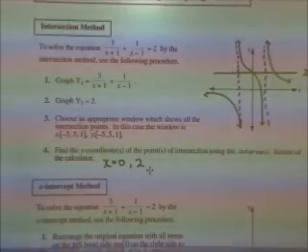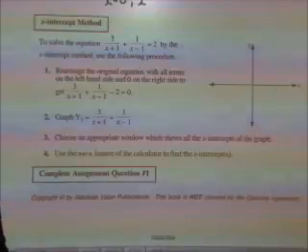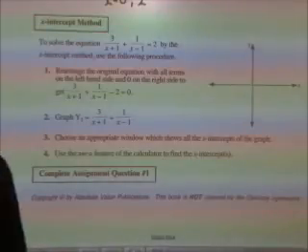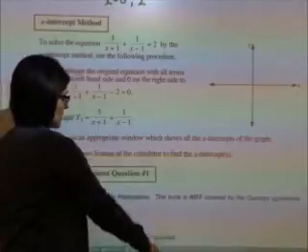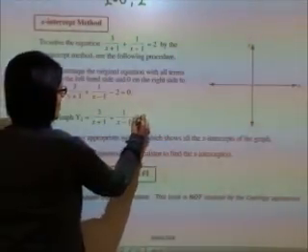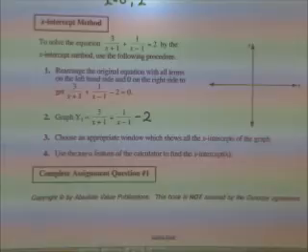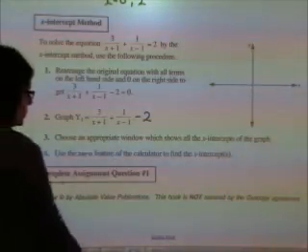The next method is the x-intercept method. With the x-intercept method, that means putting everything over onto one side of the graph. So I subtract both sides by 2. So this right here should say graph y1 as being 3 over x plus 1 plus 1 over x minus 1 minus 2.